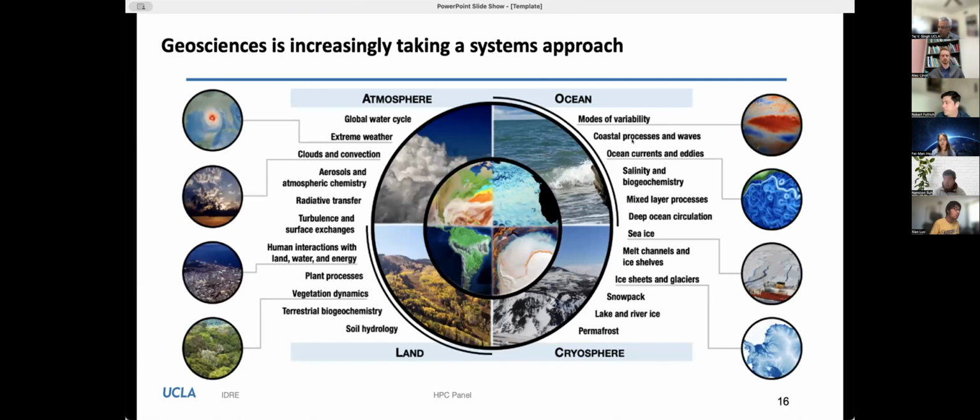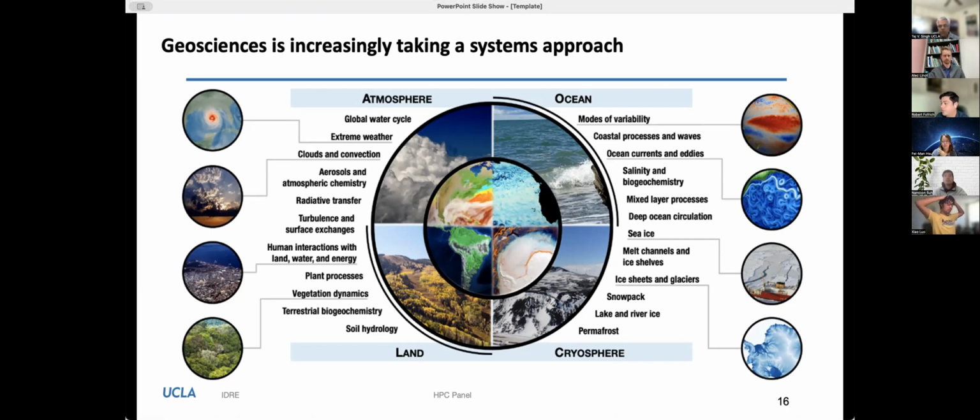So geoscience is increasingly taking a systems approach. And what do I mean by that? Well, historically speaking, and even to some extent now, people were either an atmospheric scientist or an oceanographer, or maybe a geologist, or you studied ice. However, to solve things such as climate change, more and more you really have to be a jack of all trades.